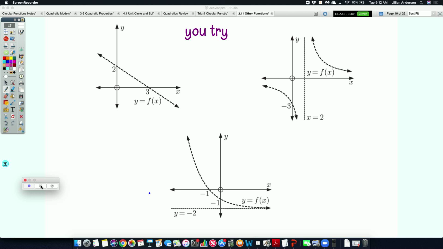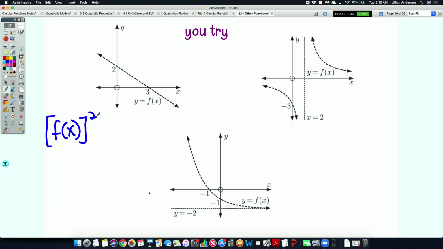All right, let's see how we did. Now remember, it's asking you to graph f of x squared. One thing you definitely should keep in mind is that these graphs should have some type of curvature to them, not linear functions or anything like that. As we can see for the first one, A is hitting the y-axis at 2 and has an x-intercept at 3, so we know we definitely have to stay at 3.